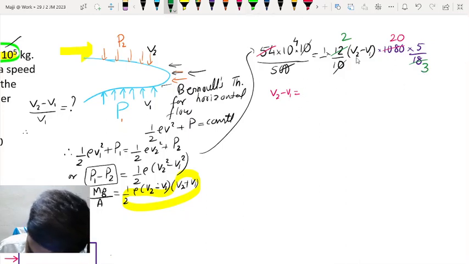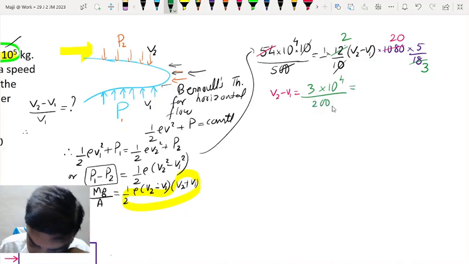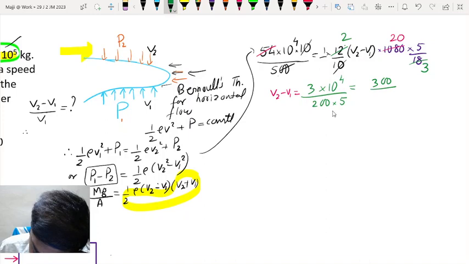So V2 minus V1 will be, this 3 will go up, 3 into 10 to the power 4 upon 5 2s are 10, we have 200 into 5. This 5 is there, this 5 is also there, 10, yes. So this will be 300 upon 10, that is 30.